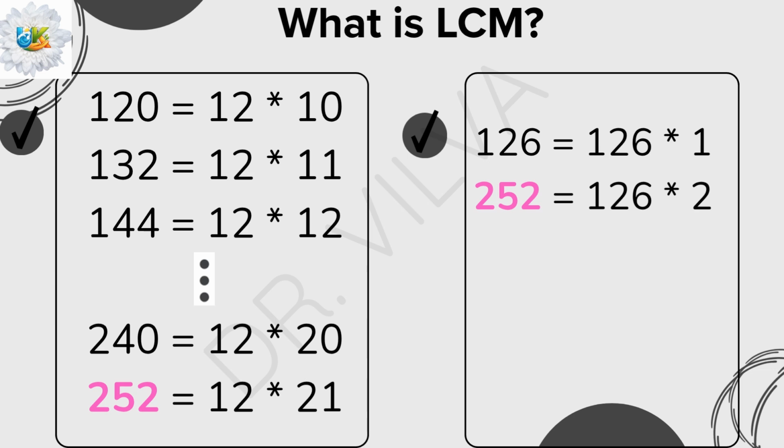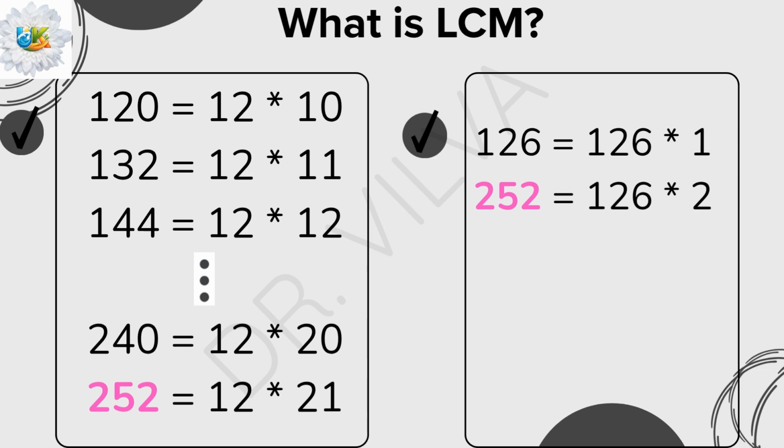On the other hand, if we look at the multiples of 126, we have 126, which is 126 times 1, and 252, which is 126 times 2.